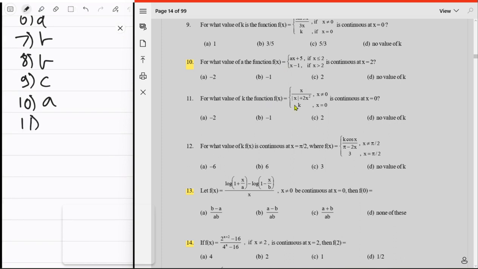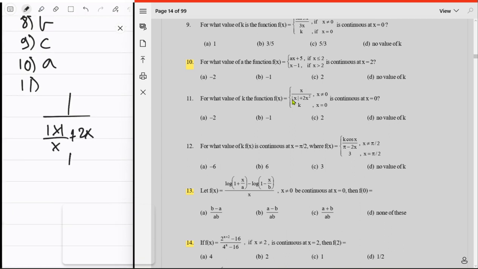For what value of k is the function continuous at x equal to 0? Oh, there's a mod x in there. That's not good. So 2x squared doesn't really matter in comparison to this thing. Maybe I should write it in a better way. It's like mod x upon x, and then plus 2x. So basically, it's 1 upon 2x plus signum of x, right?